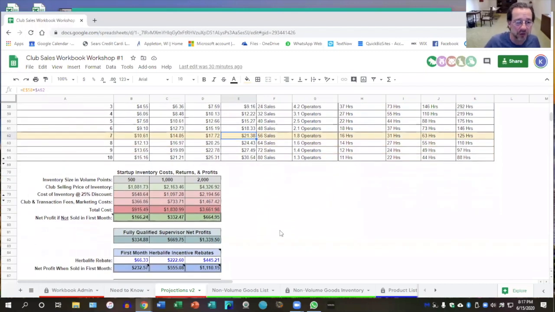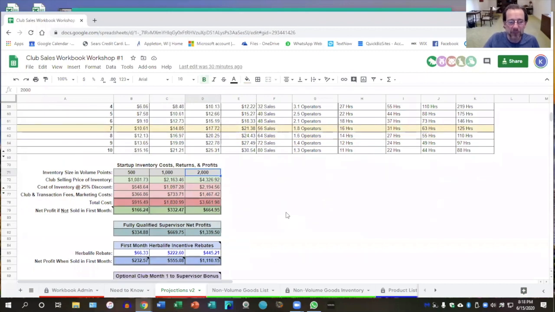Here's how it works. There are really 3 different levels of inventory that you can start with. And let me explain each one to you. One is 500. You've gone through volume points with them enough that they get it, okay? I'm not going to cover that here. But I'm going to suggest a 500 volume point inventory, or a 1,000 volume point inventory, or a 2,000 volume point inventory. Why?